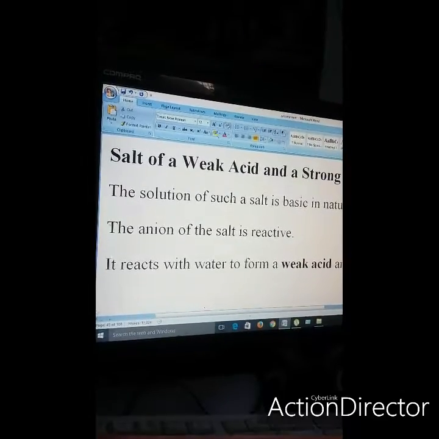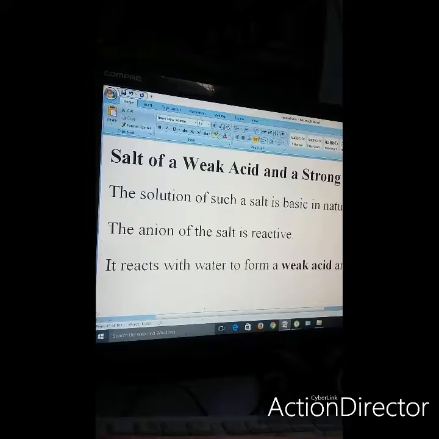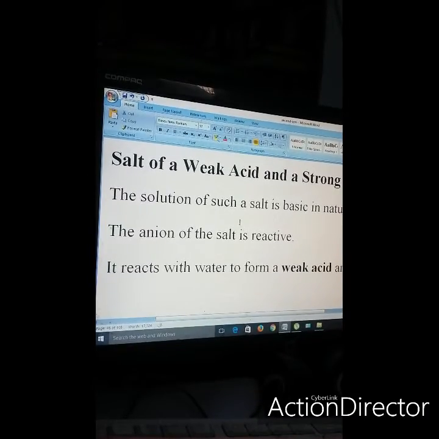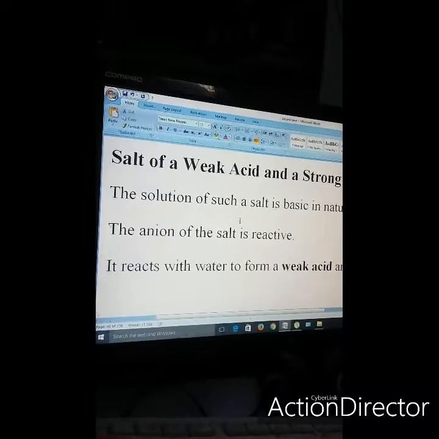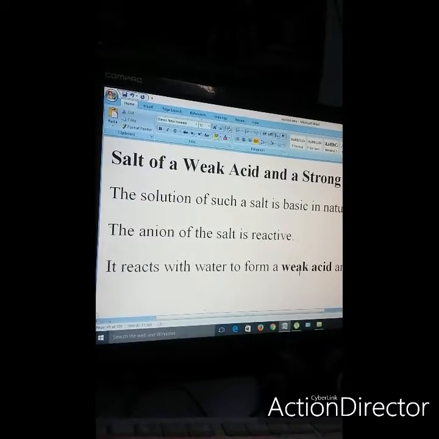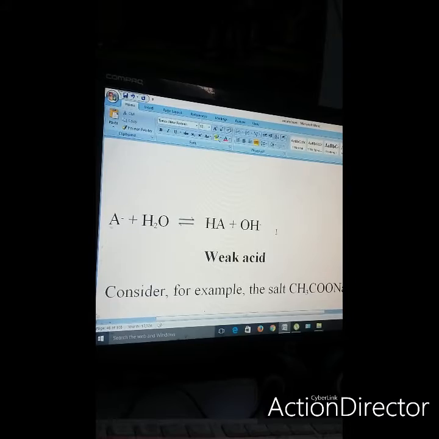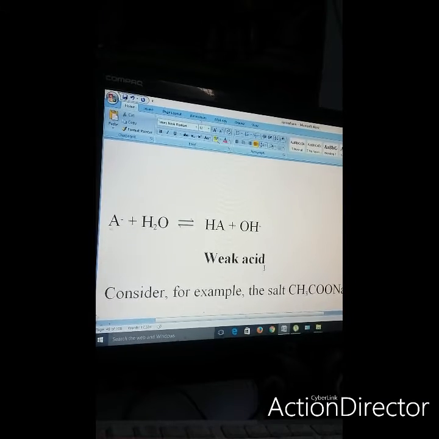Let us discuss the salt of a weak acid and a strong base. The solution of such a salt will be basic in nature. The anion of the salt is reactive. It will react with water to give you a weak acid and hydroxyl ions. So this is the equation in which we are getting a weak acid and hydroxyl ion. We will understand it with an example.